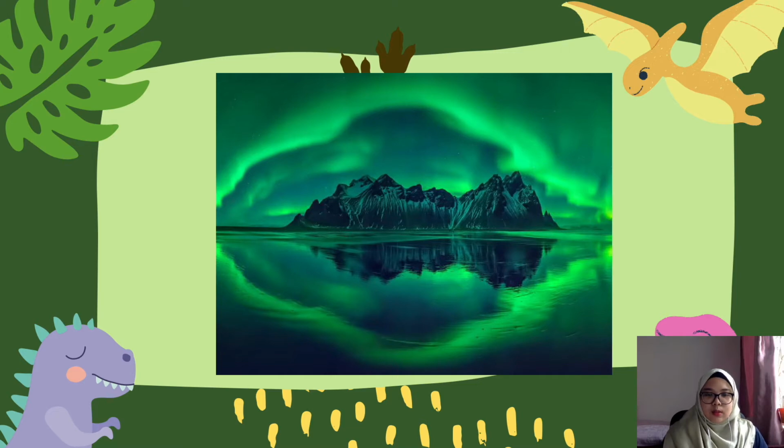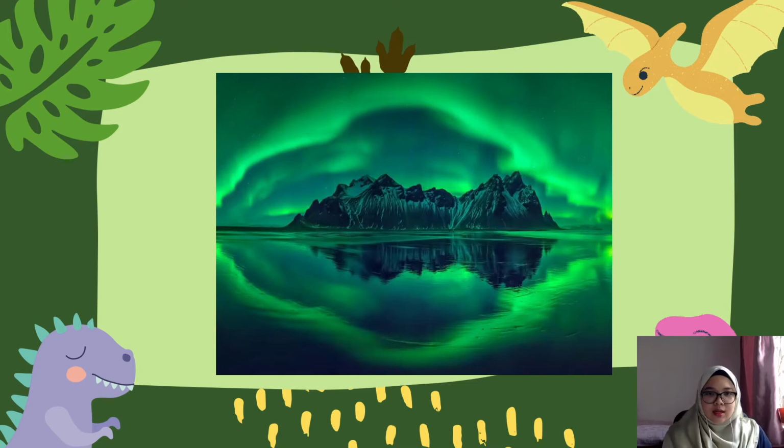This is a phenomenon where we can see the lights in the sky turn into an ombre with different tones, the lighter tones and also the darker tones of green. Usually you can see the aurora lights in Norway or maybe Greenland. I hope that one day we will reach there to see it with our own eyes.